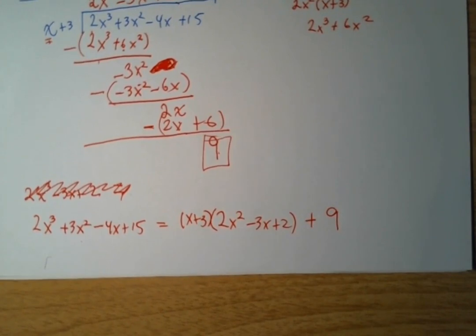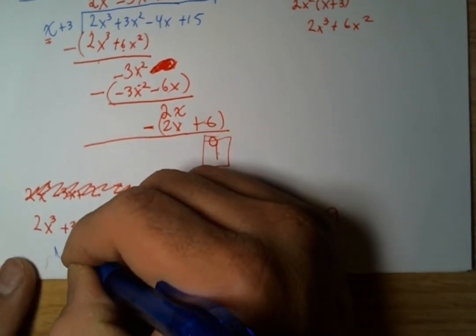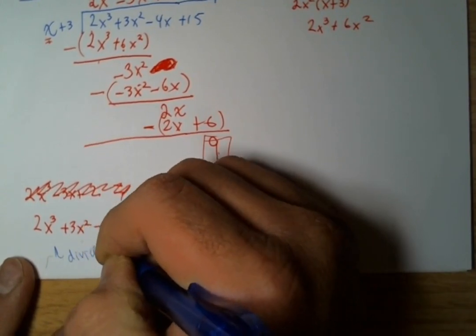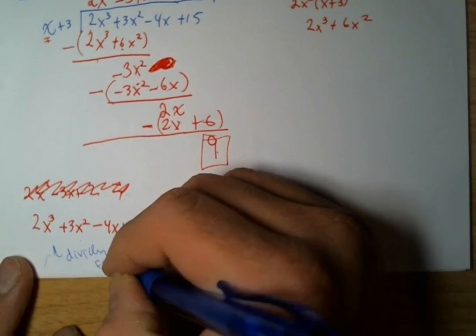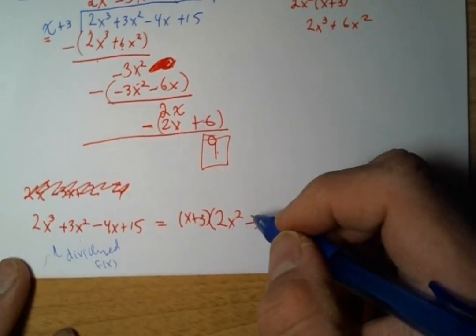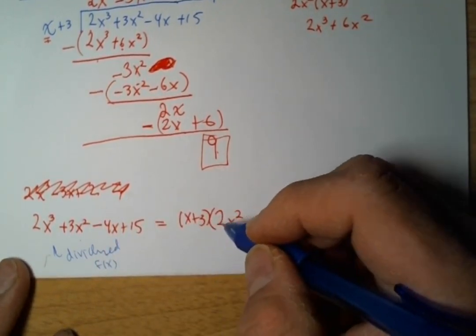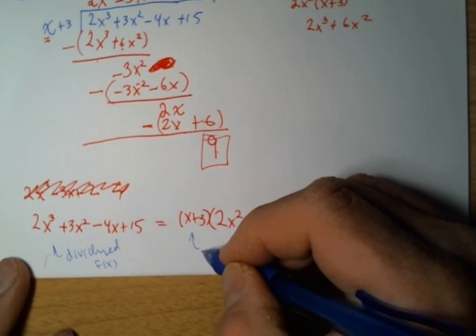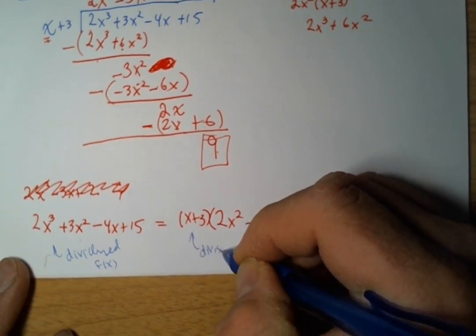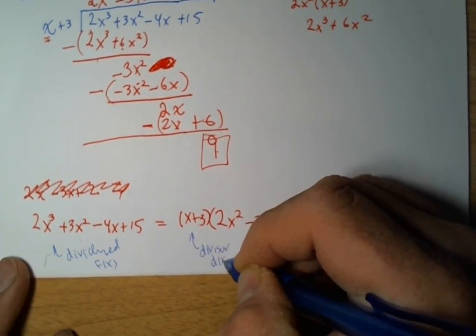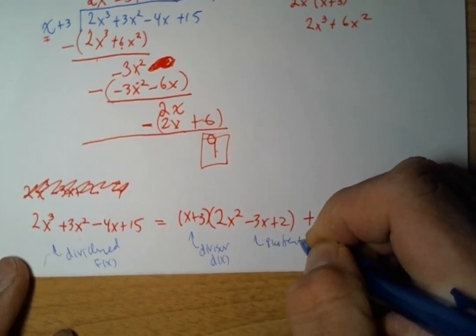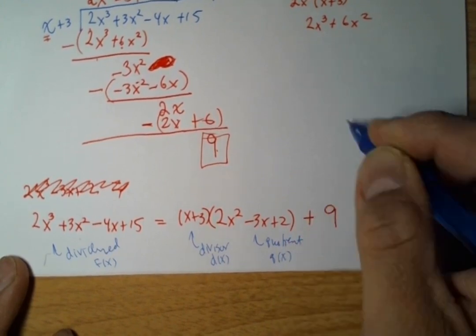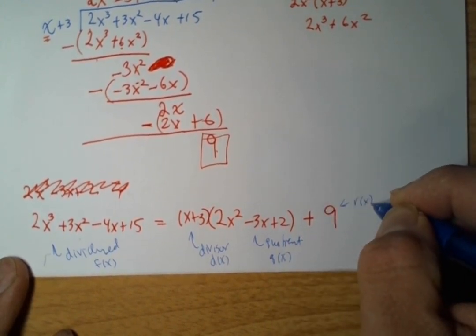Okay, so again here, now we have similar parts, where this is our dividend. We'll call it f of x. This is our divisor, which we'll call d of x, our quotient, q of x, and our remainder, we have r of x.